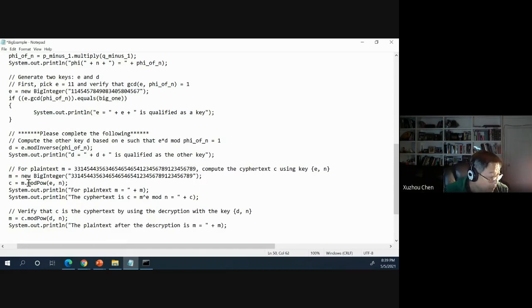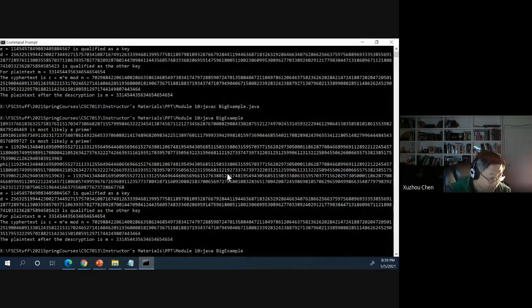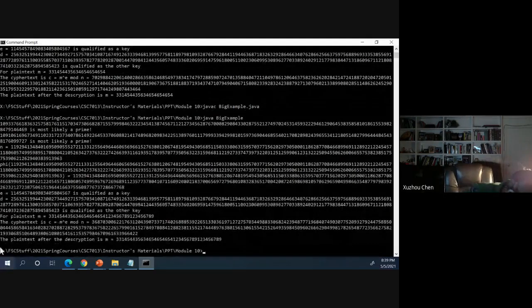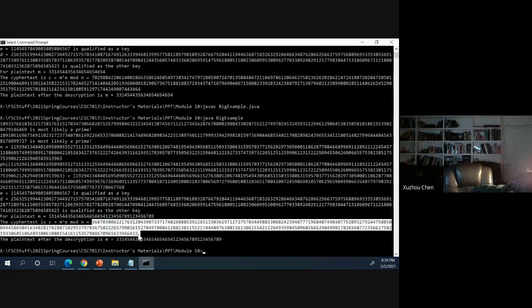Okay. So then what is c of m? And let's just save it. So if the number m is this number, then the ciphertext c is this.